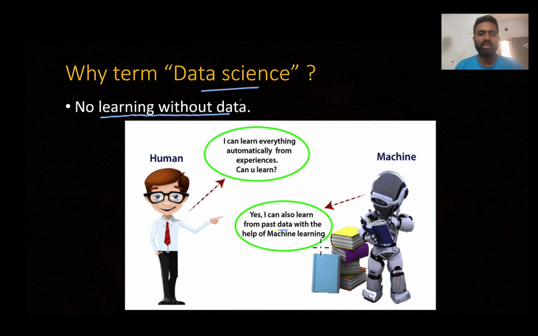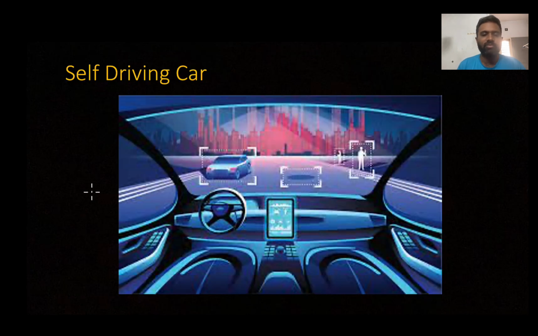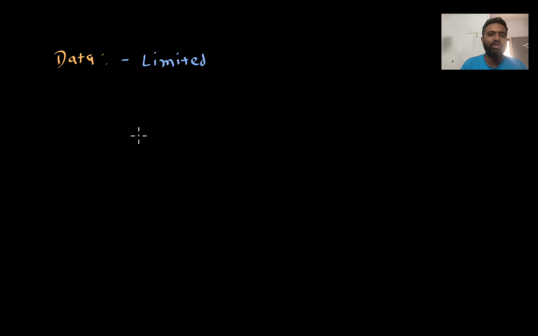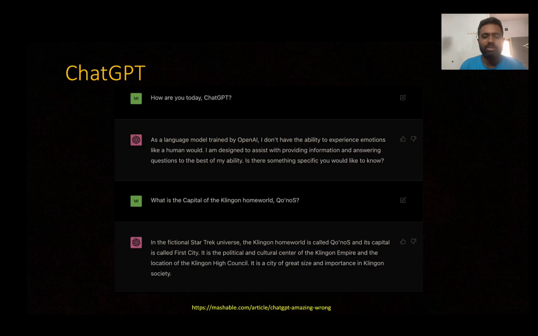This data, with which we are trying to make a machine learn or perform a certain task, is always limited. We don't have all possible scenarios of that data. So let's say if we want to make a machine learn to drive a car, we don't have all possible scenarios in which the car could be. We only have limited scenes data. So data will always be limited, even in the question answering or ChatGPT case.